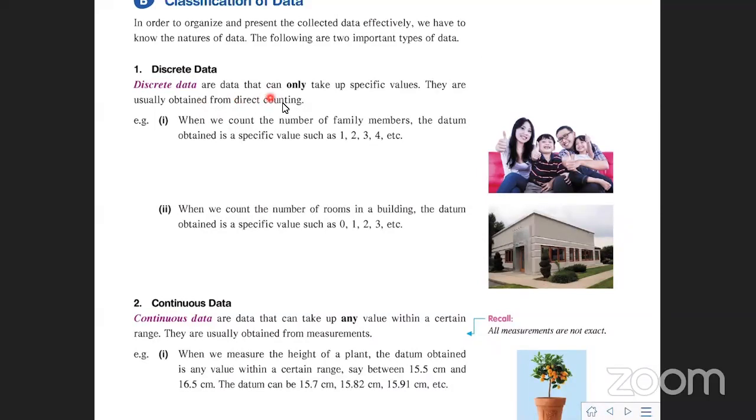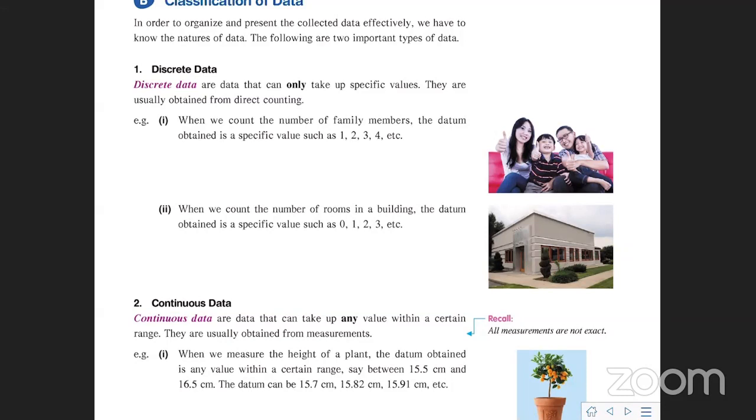For the first one, discrete data, as you can see here, are data which can only take up specific values, and they are usually obtained from direct counting. For example, if we are talking about the number of family members, you can only have integral values, it means they are only integers, 1 or 2 or 3, very precise, very exact.